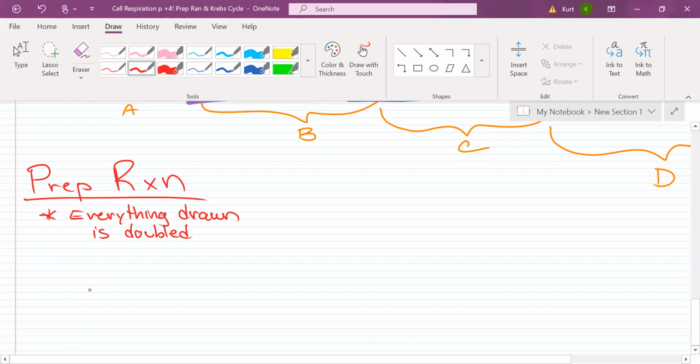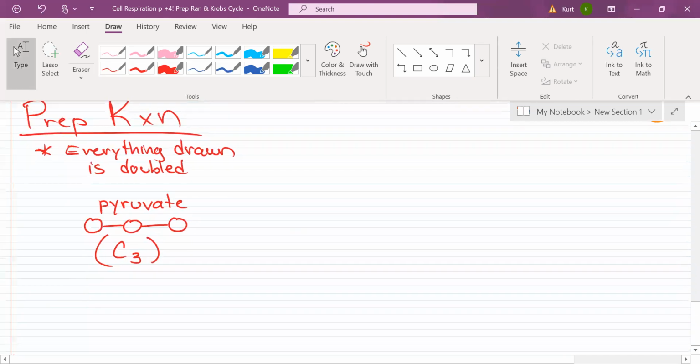All right, here we go. This is pyruvate, your C3 molecule. This is what you ended with in glycolysis.